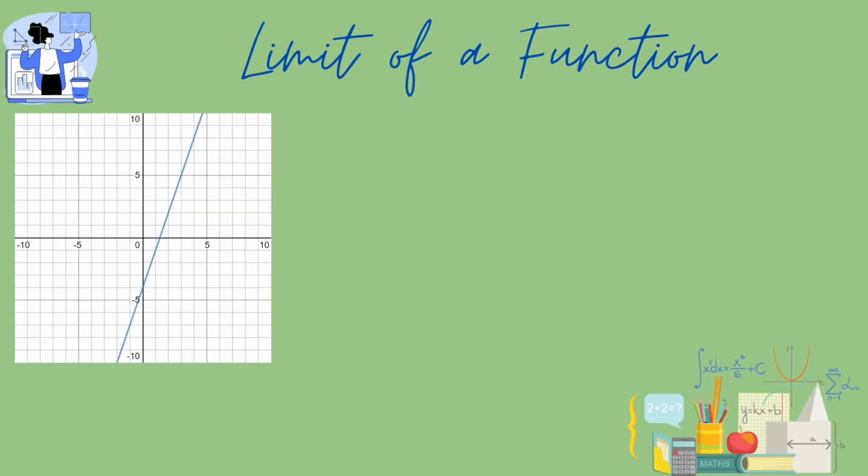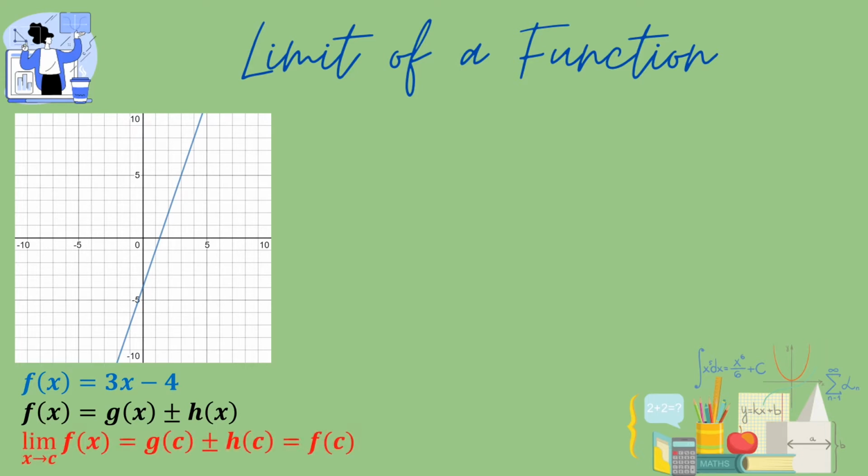Moving on, the line f of x equals 3x minus 4 can be considered as a sum or difference of functions. Based on the graph, we can easily recognize that the limit of f of x as x approaches a value c is the function value f of c, which is the same as the sum or difference of the functions we mentioned earlier.